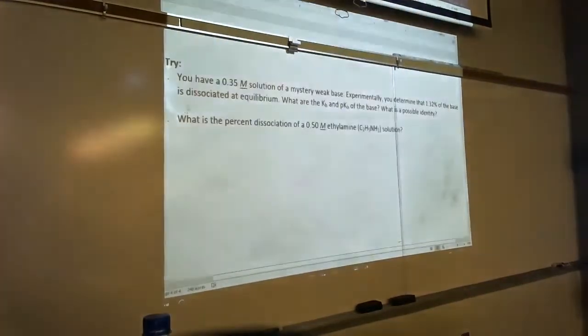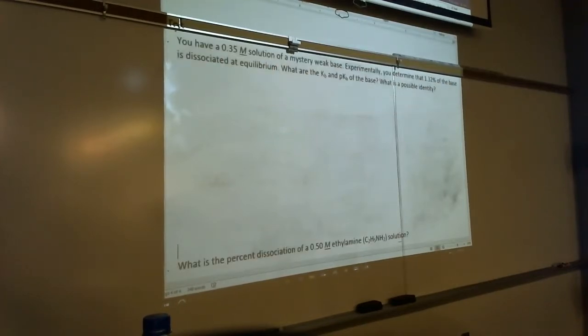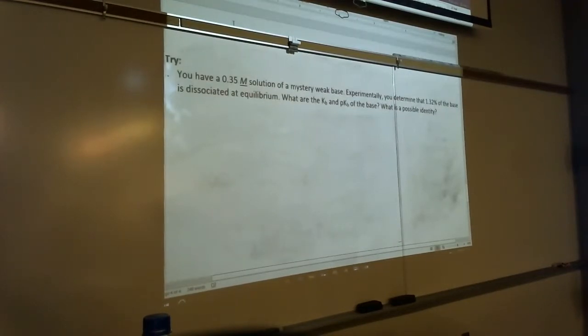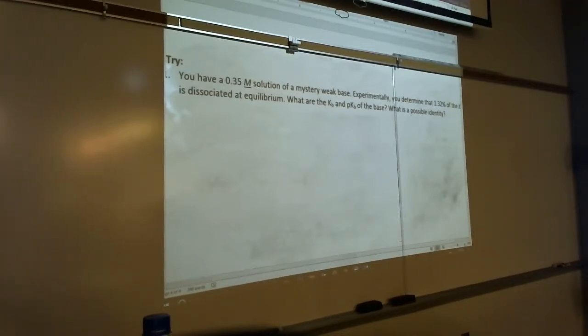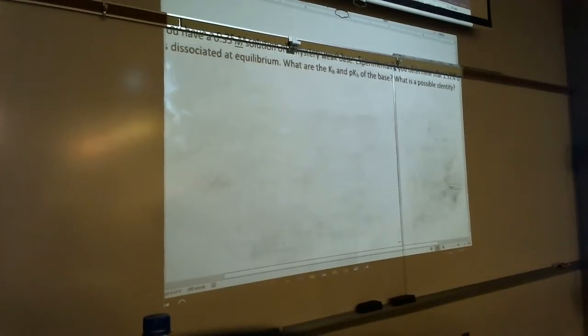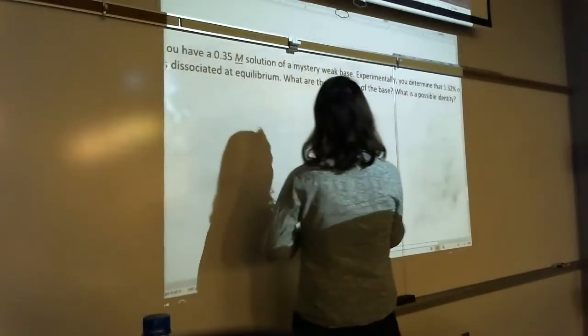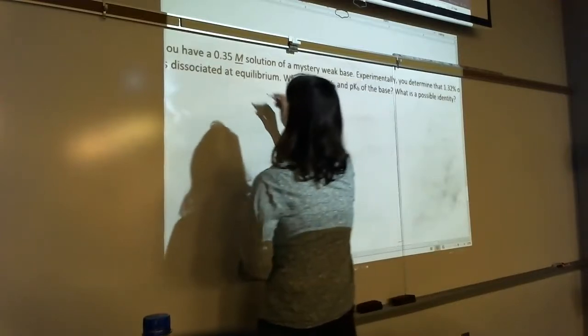All right, let's go over these. So you're working with a mystery base. You determine that it's 1.32% dissociated, and you want to know KB and pKB. It's 0.35 molar. That's all you need to know to be able to do this problem. So let's just call it B, so it looks like our generic equation.